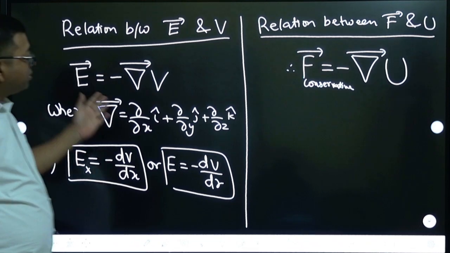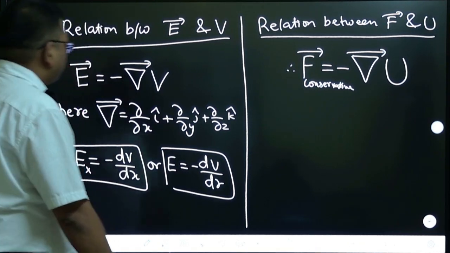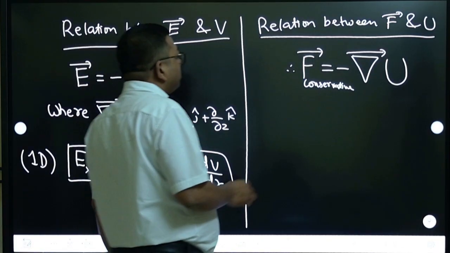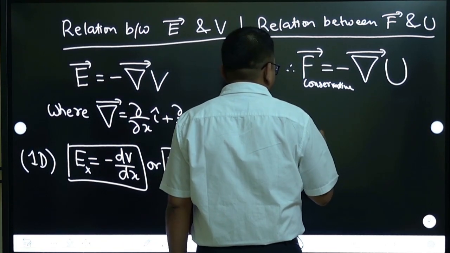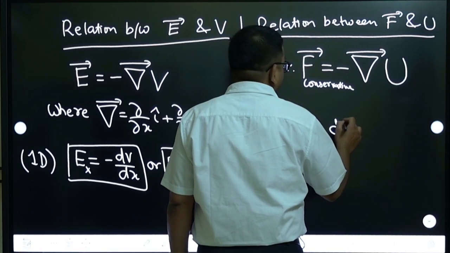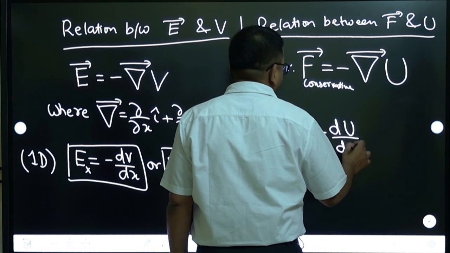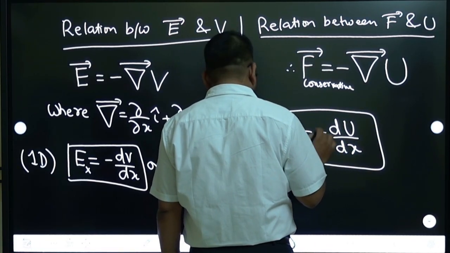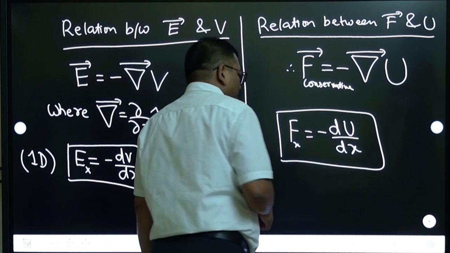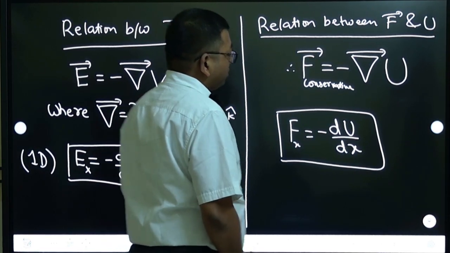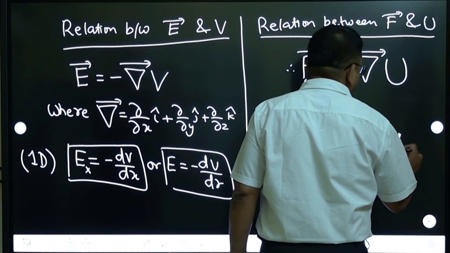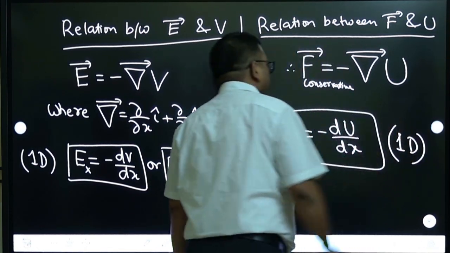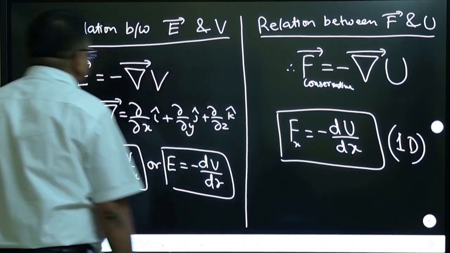For 2D, 3D, you can use partial differentiation. In the same manner here also, force you can write as minus dU by dx or dU by dr. Force along the x-axis we can write like this, because if there is no other component, for one dimension we can use this. So this is an important lesson.